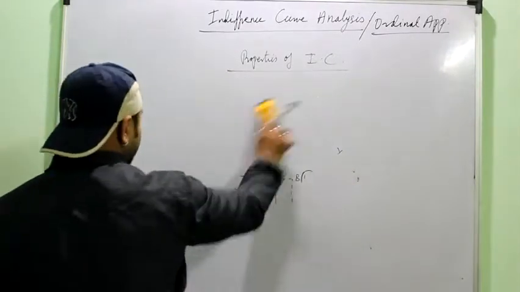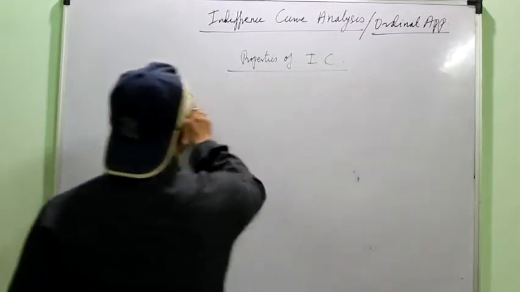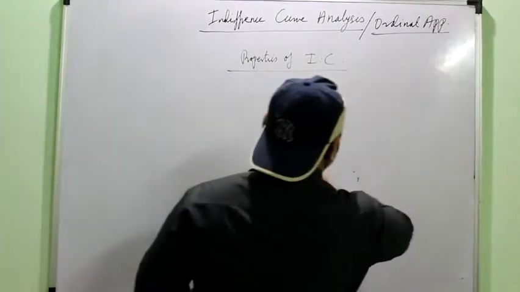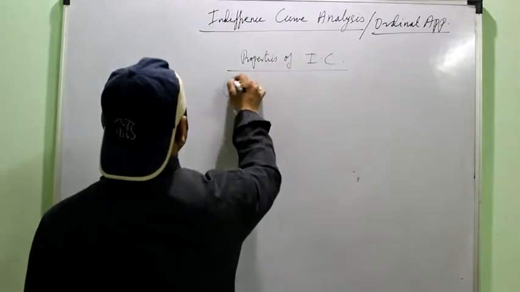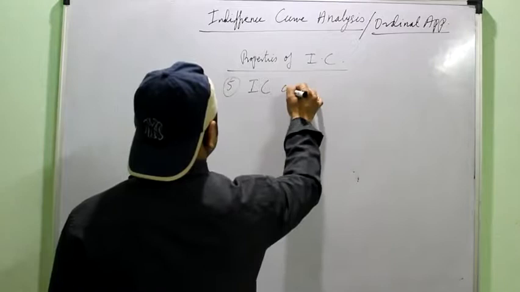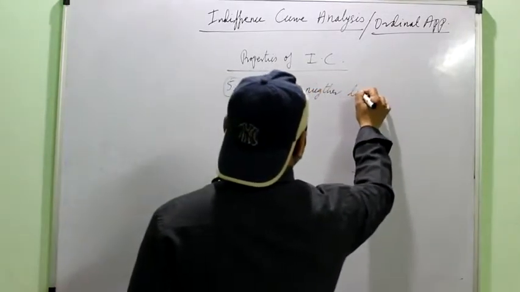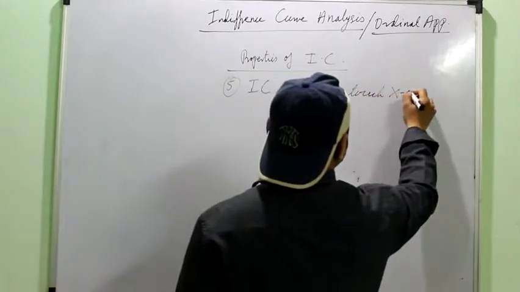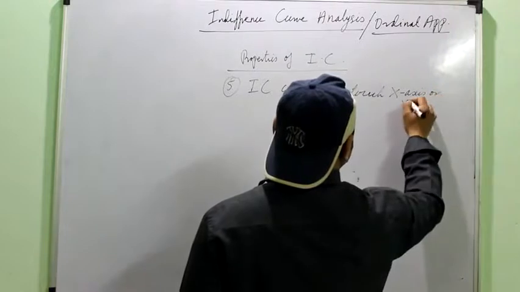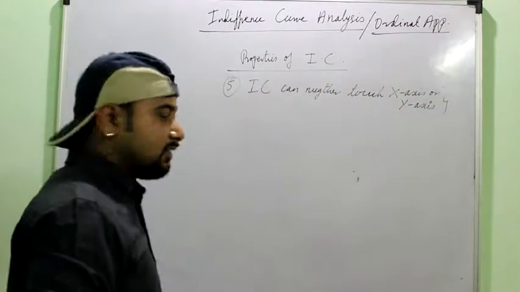Then the fifth and the last property of IC is that IC neither touches the x-axis nor the y-axis.